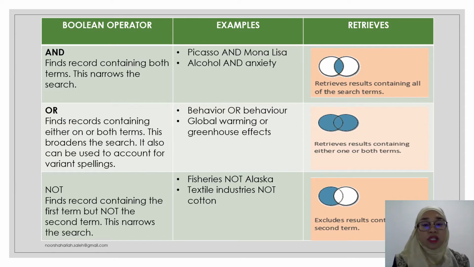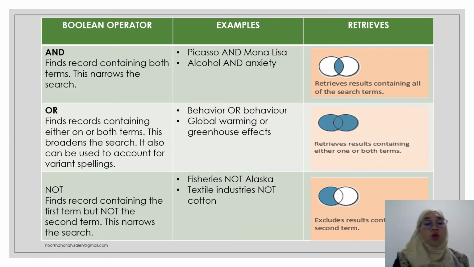For example, if you are searching for Picasso and Mona Lisa, if you use the word and, it means that without the word Picasso, the article will not be shared with you. If you don't have the words Mona Lisa, the art, and you have Picasso in it, it is not going to be shared with you. So and is actually the bridge to get these two topics shared.